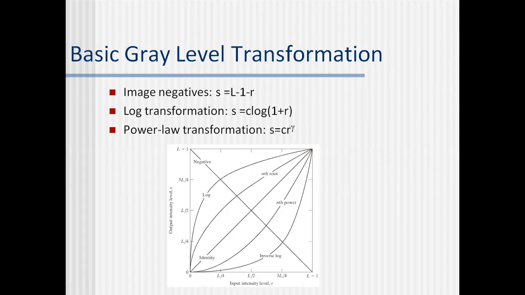That's why we need to add a constant, and the minimum constant value is 1 here. So we can say S is equal to C log of 1 plus R, or S is directly proportional to the logarithm of 1 plus R.